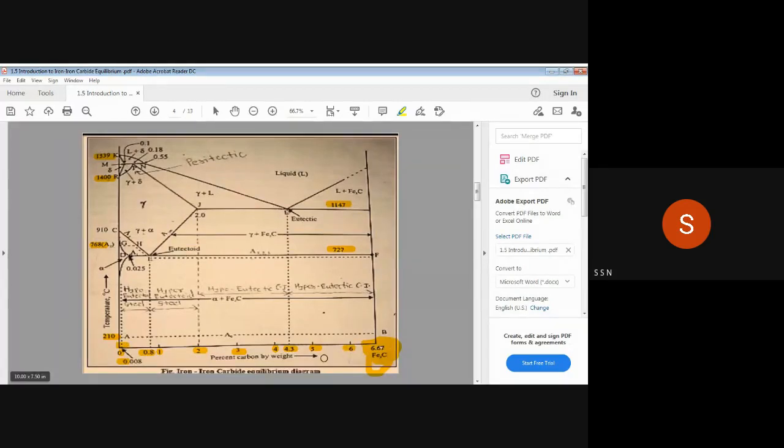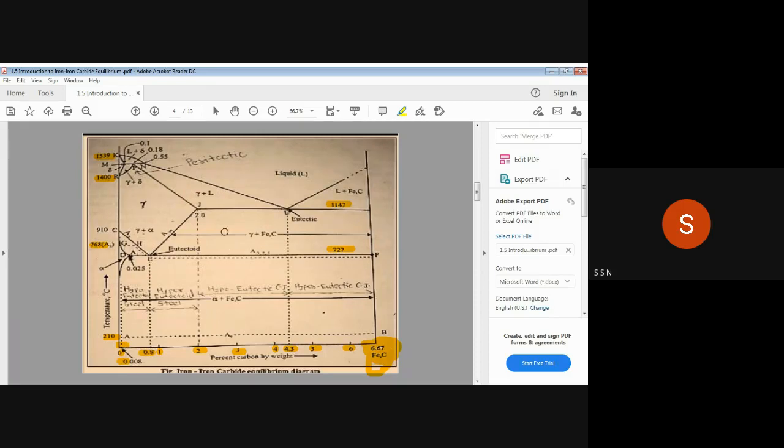All these percentages of carbon and all these temperatures, whatever I have darkened, are very, very important in that phase diagram, because at that percentage of carbon and at that temperature only, different phases occur. And the phases we are going to study will be under equilibrium condition. That means they have a constant phase, either liquid or solid or liquid plus solid. That's why we also call this diagram an equilibrium diagram.